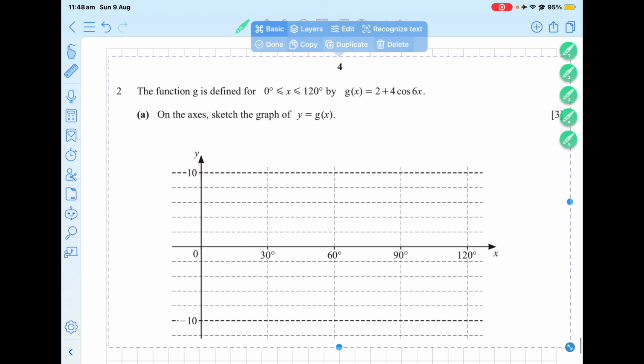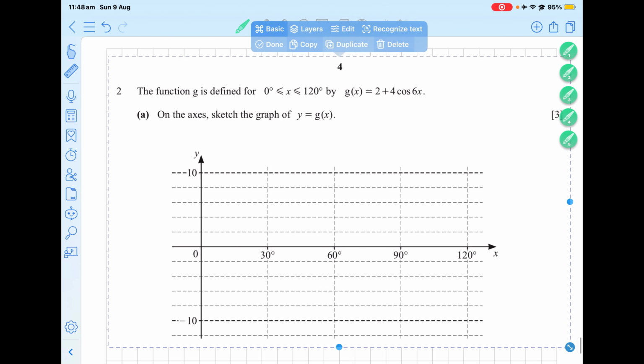Basically what I want you guys to do is open up the fx-991EX ClassWiz, go to table, option 9 table, and then you type this: 2 plus 4 cos 6x, ensuring that your calculator is in degrees. Then you do from 0 to 120 degrees, and you can see every time you're increasing by 30 degrees. You enter that, and it will automatically generate a table for you.